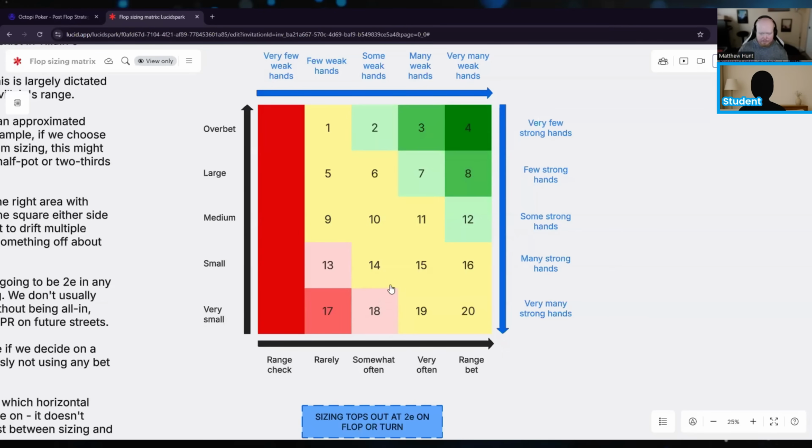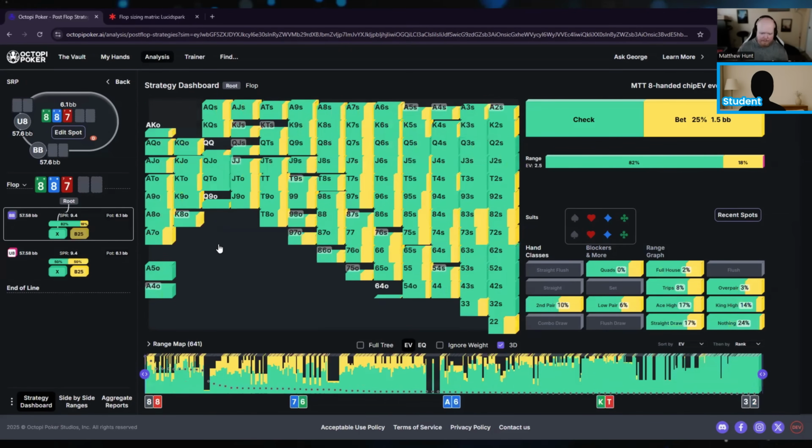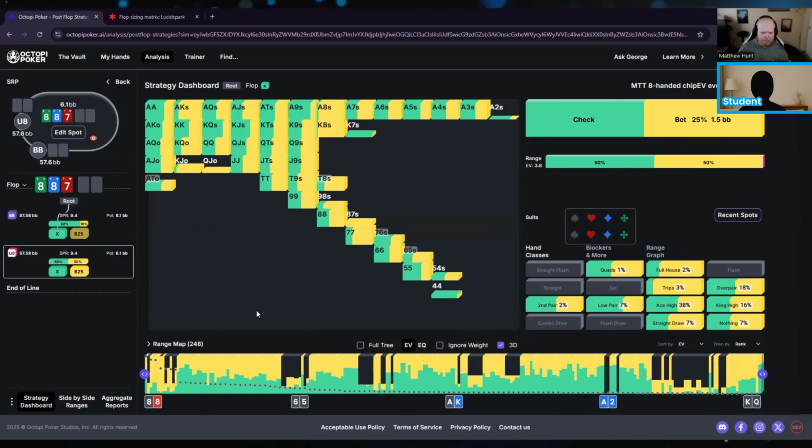You could categorize it as a 14 or an 18, because they still have many or very many strong hands, but the number of weak hands they have is reduced by the fact that this is a board texture where ace high hands, king high hands are pretty decent in terms of equity, right? And of course, the fact that they have some hands that lead out on the flop is going to affect this a little bit. But for now, we don't have to worry about that too much.